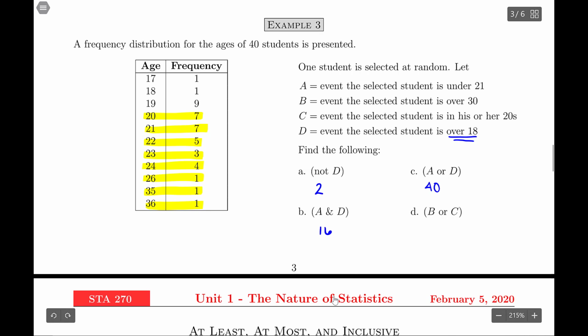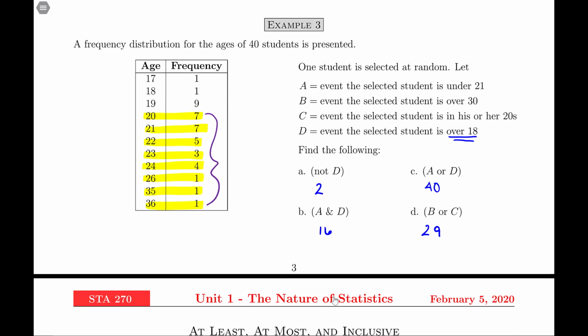So what we end up having is this entire group is part of the or scenario as well. If that were an and, it would be an empty set, because there are no students who are in their 30s and also simultaneously in their 20s. So that's where we would have an empty set. But in this case, because we're talking about or, it can be either situation is included. We have a total of 29 students.